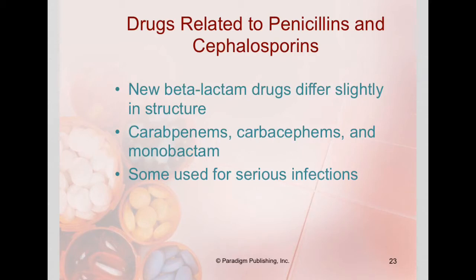It's dosed once daily, so that's a good thing. It's injectable or IV, and they use it for severe community-acquired infections. The Primaxin, they don't use that a lot anymore. Honestly, I haven't seen one of those in years.